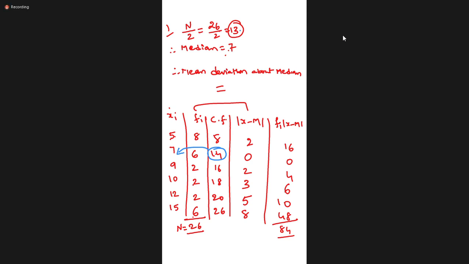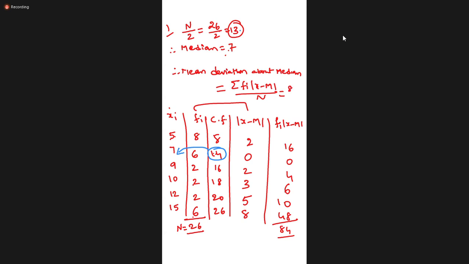The corresponding x value is your median. So the mean deviation about median, final answer is sigma fi mod x minus M by capital N.